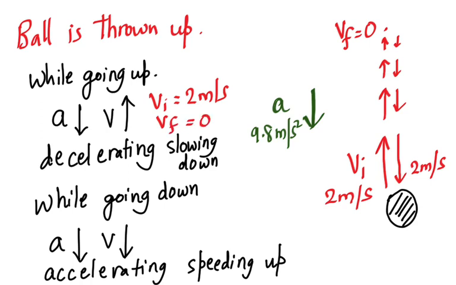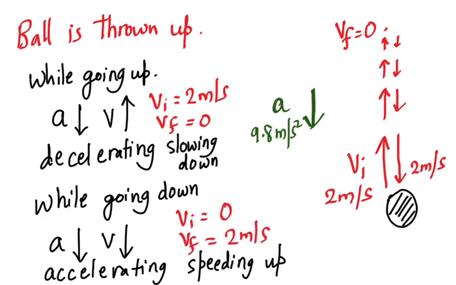Okay, so if we want to check Vi and Vf, while going up, Vi was 2 meter per second upwards, so 2 meter per second is positive. Vf is equal to 0, it reaches the maximum height, so Vf becomes 0.